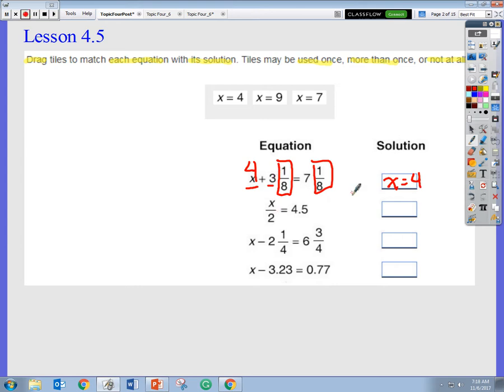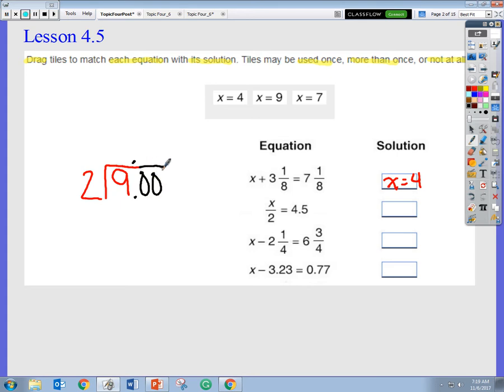You notice I didn't do a lot of math there, did a lot of mental stuff, not much paper and pencil. The next one, it says x divided by 2 is equal to 4.5. Well, if I were to substitute in 4 here, 4 divided by 2 gives me 2. That's not right. If I substitute in a 9, well, let's take a look. 9 is the dividend, divided by 2, which is the divisor. Recall, I should place a decimal to the right of the 9 and then place as many zeros as I'd like.